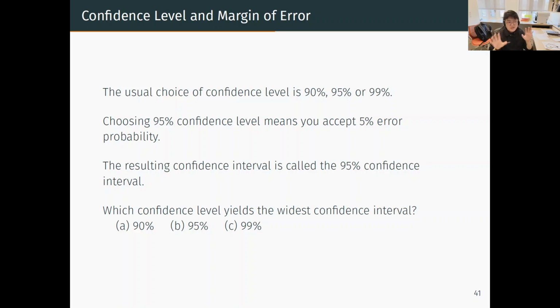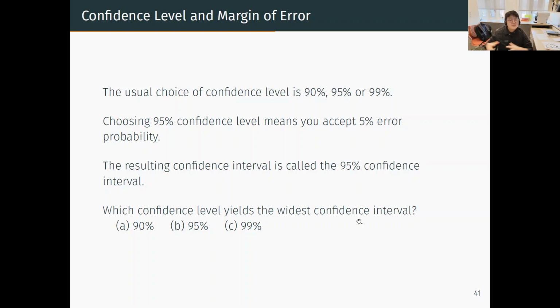The key idea is the trade-off between informativeness, which means smaller margin of error, smaller interval, and on the other side, the probability of correct estimation, which is the confidence level, right? They are a trade-off. So I'm asking you which yields the widest interval. That means the least informative interval, right?